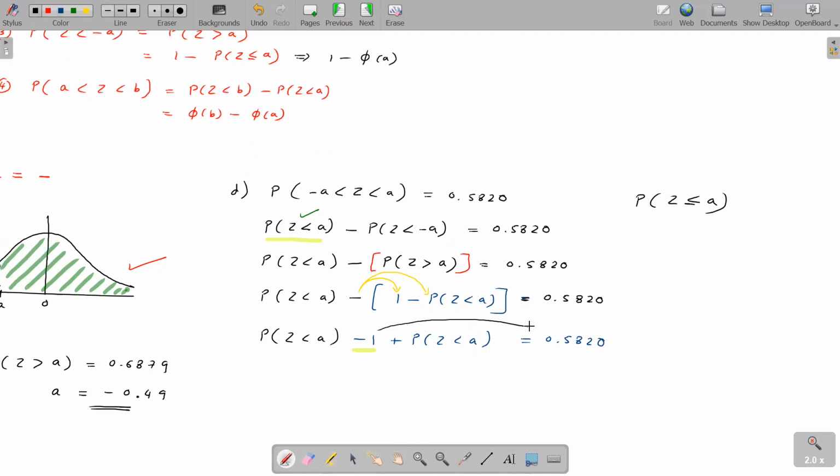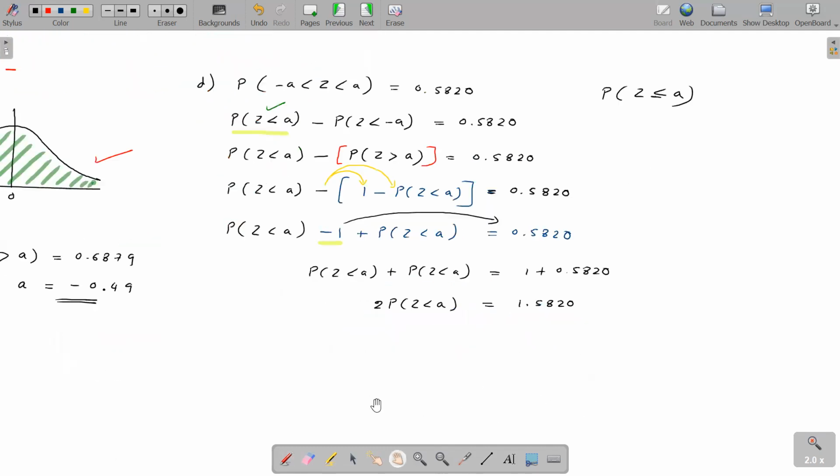You have probability Z less than A plus probability Z less than A equals 1 plus 0.5820. Are you with me? So this is twice the probability Z is less than A. 1 plus 0.5820 is 1.5820. Are you with me, guys? The probability Z less than A is phi A, so 2 times phi A.